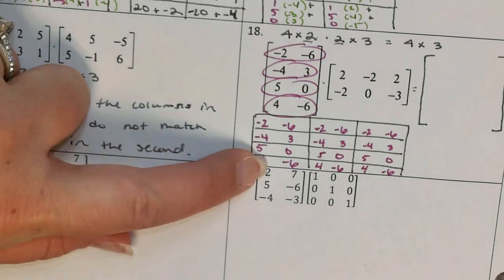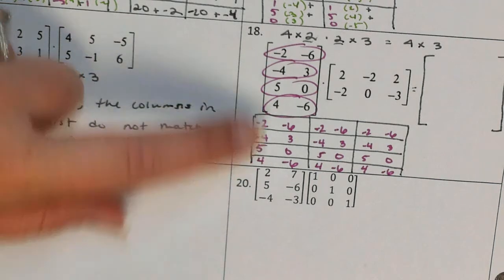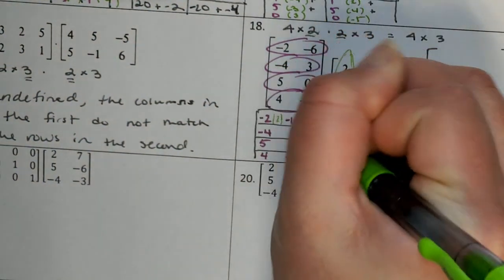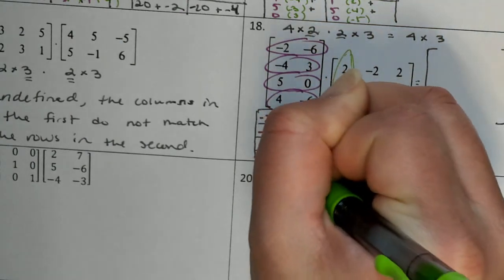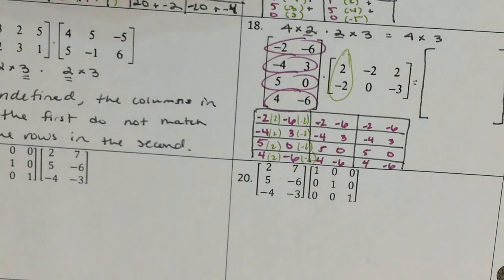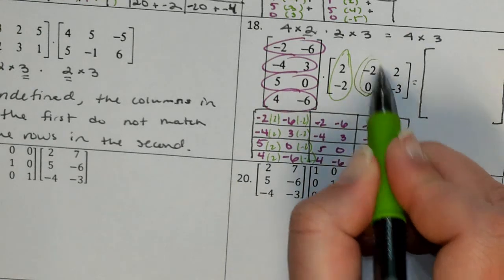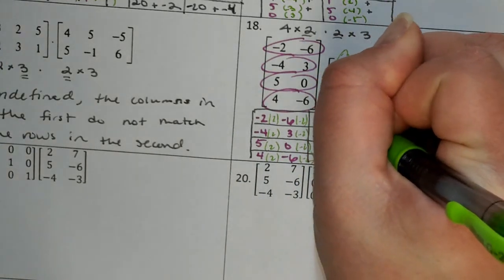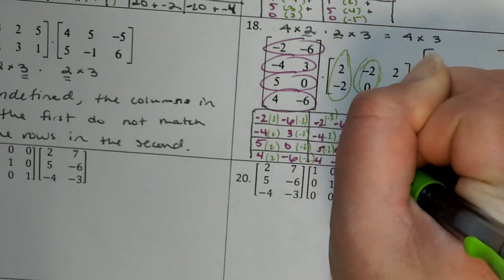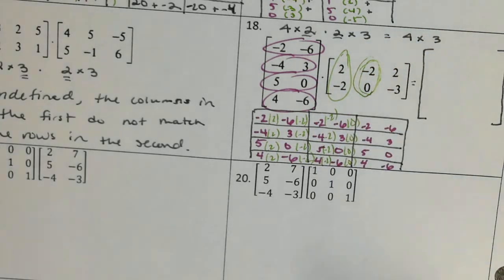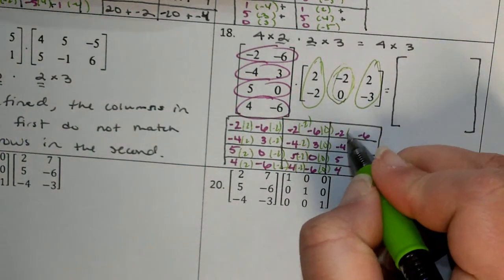First column, what numbers are going to be paired with each of those? 2, -2. In the middle column, what two numbers are we pairing? -2, 0. And in the last column, 2, -3.